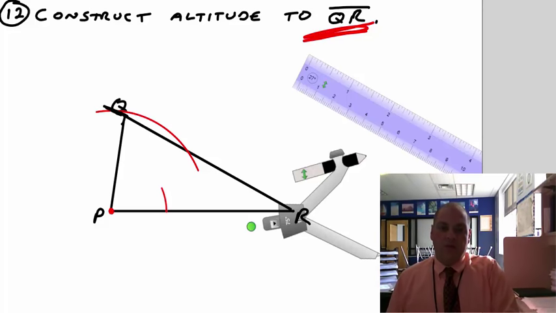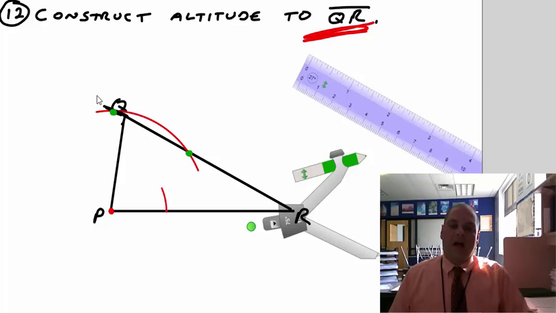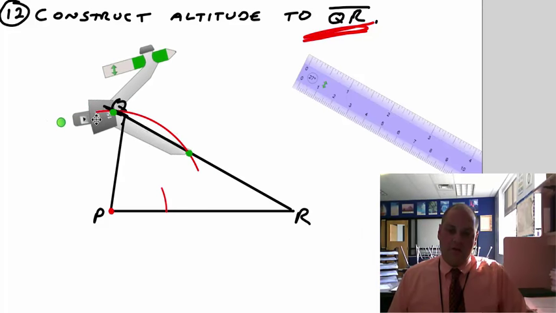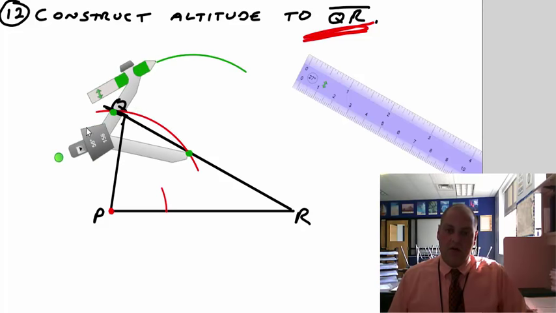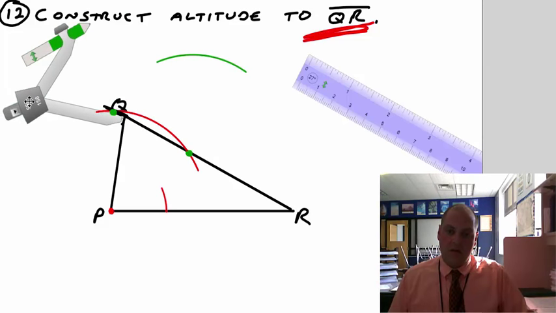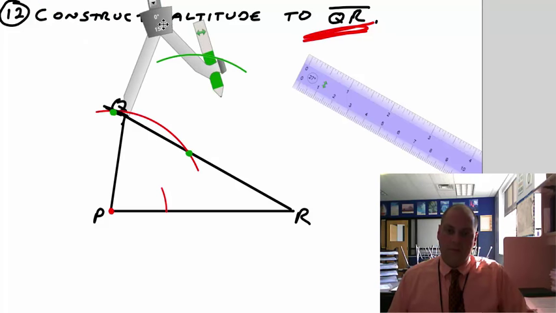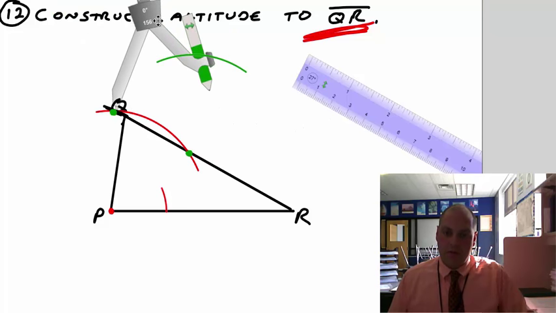Okay, so we made 2 points. There's one right there and one right there. So 2 points right on QR. And then from there, we're going to make arcs out here. Make an arc there, and right there.